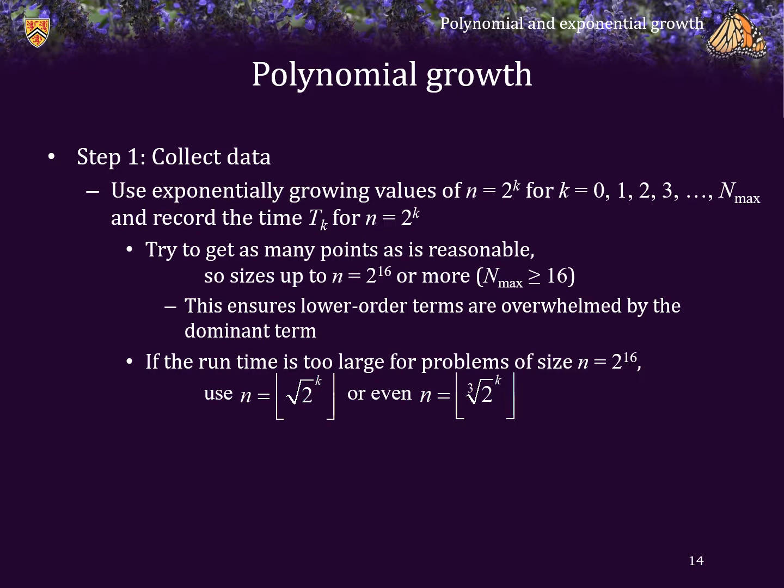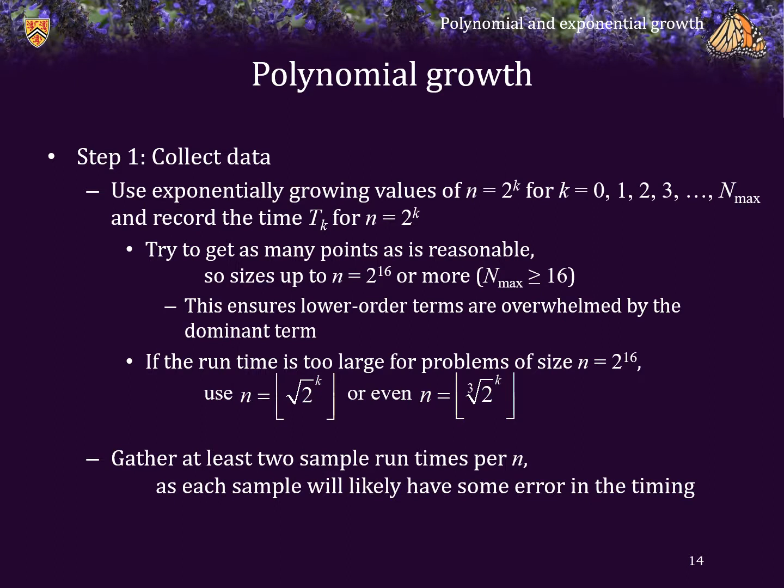The reason we're using square root or cube root of powers of k is that at least every second or third value will be a power of 2. Recall that the brackets around those two are the floor function, so the integer less than or equal to that particular value, whatever it calculates out to.